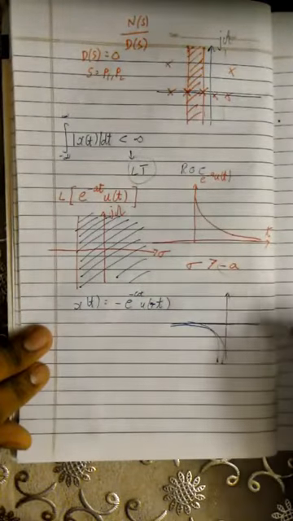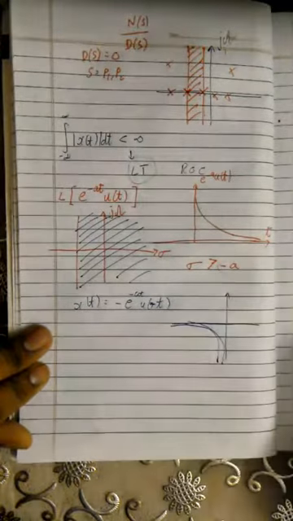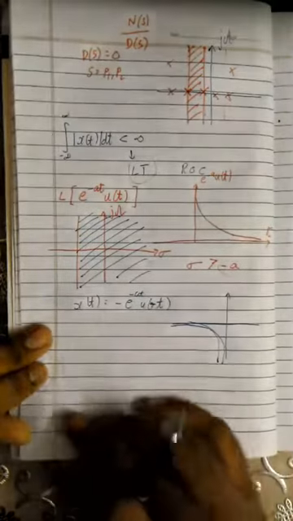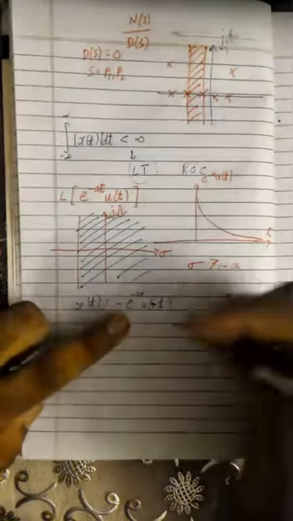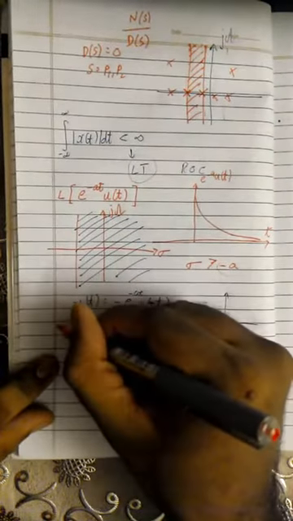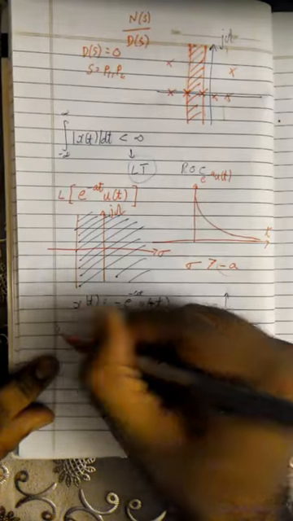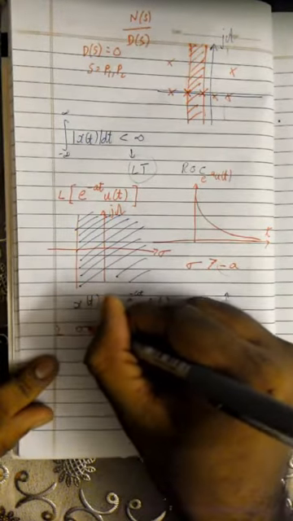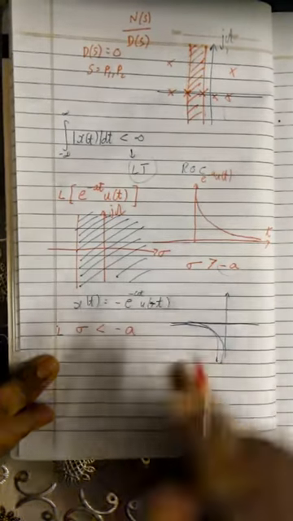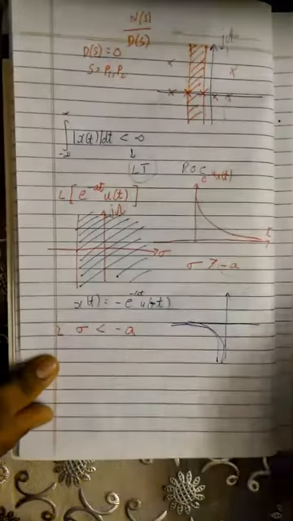That means the value of the signal at the right side is 0. So in such a graph, if you remember, the ROC of the Laplace transform that you got for this signal was in the format of sigma less than minus A, right? This is the result that you got.